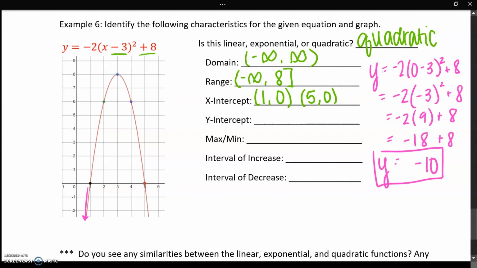So my y-intercept is going to be at 0, -10. You can check that in your calculator if you want. You would plug it into table and go to when your x value is 0. Now we're going to talk about max and min. Since my vertex is at the top of my graph, it is going to be a maximum.